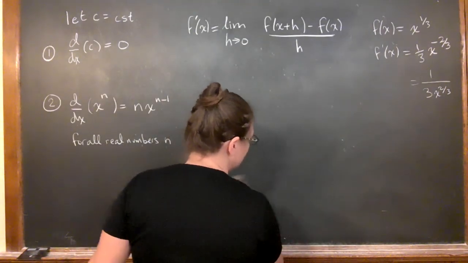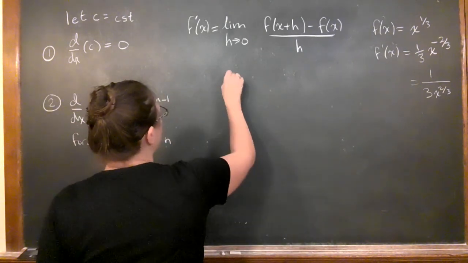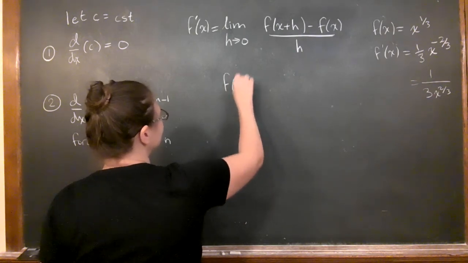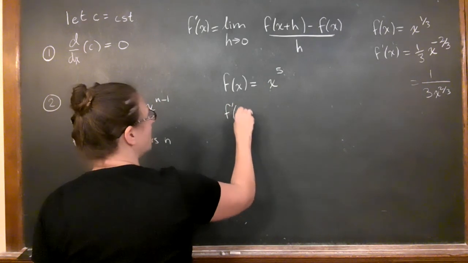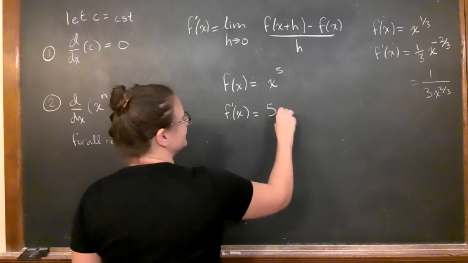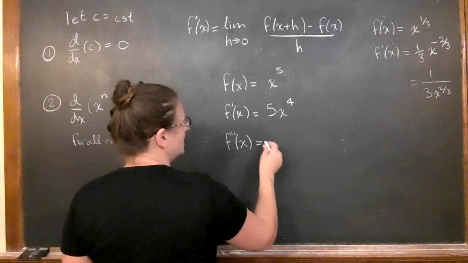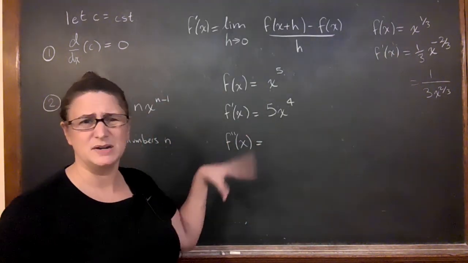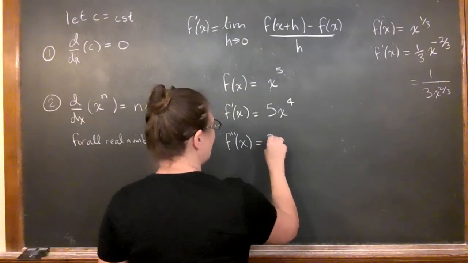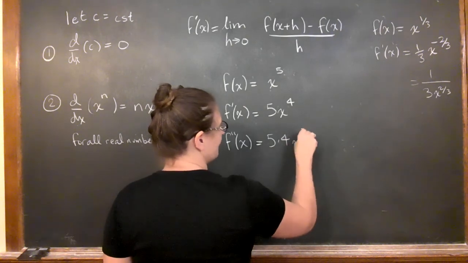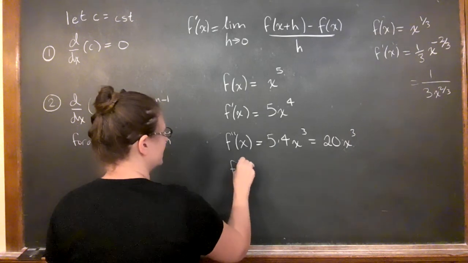Because we can take multiple derivatives with this rule. So if f of x, say, is x to the 5, and we talked a little bit about second derivatives at the end of chapter 2, but we didn't do anything with it because we didn't want to do all this. Now we have a quick rule, and we can go ahead and keep going with my derivatives.